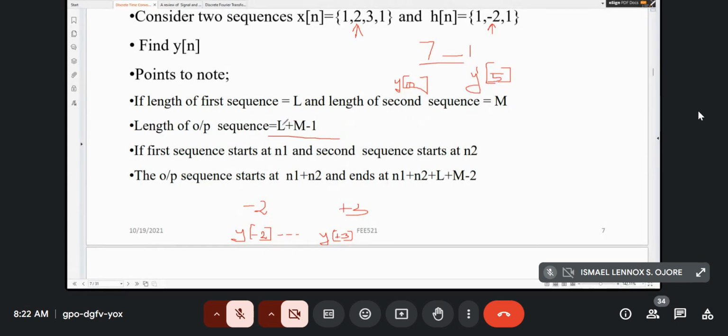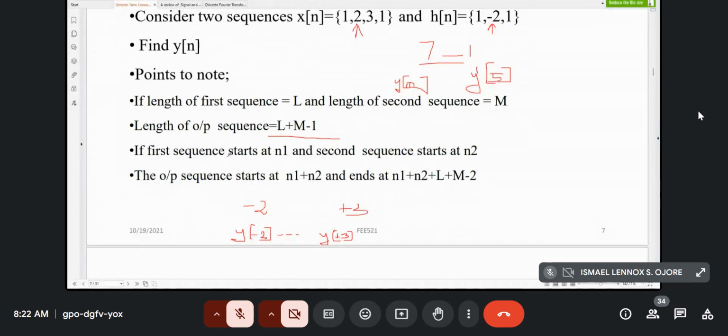So if you have L plus M minus 1 samples, you are going to end at L plus M minus 1 minus 1, because of the n minus 1. Did that answer your question? Yes, it did. Thank you.